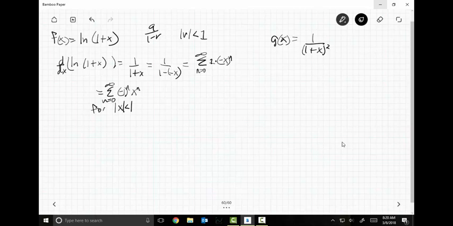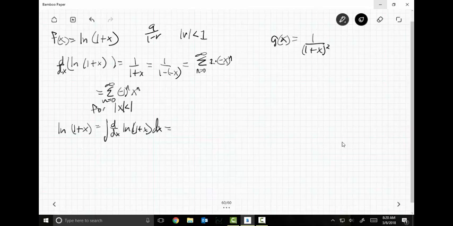However, look what I got. The derivative of this gives me this, which gives me this, which is nice, which implies what? Well, I know that the natural log of 1 plus x is equal to the antiderivative of the derivative of the natural log of 1 plus x dx, because antiderivatives and derivatives cancel each other out.